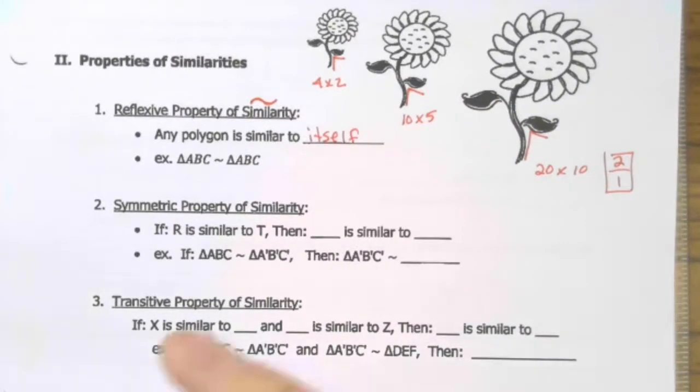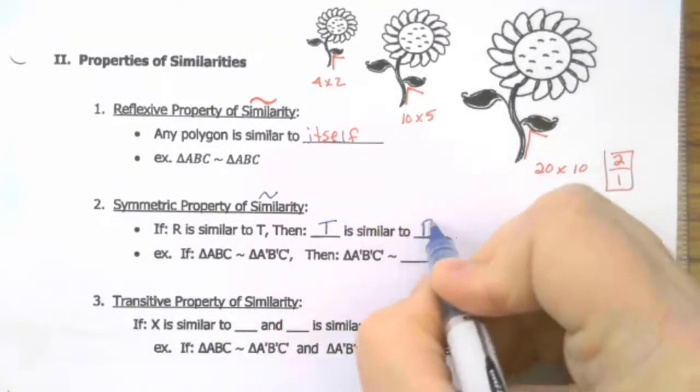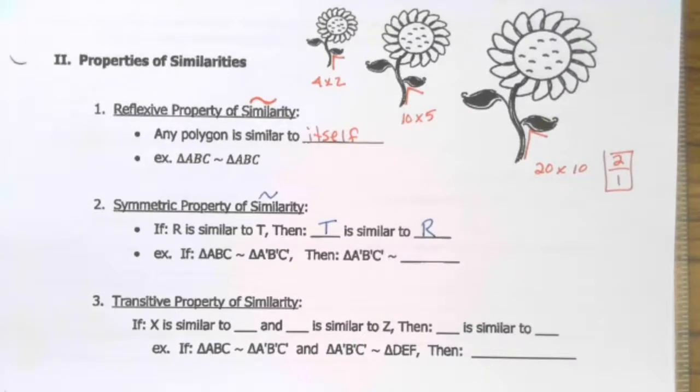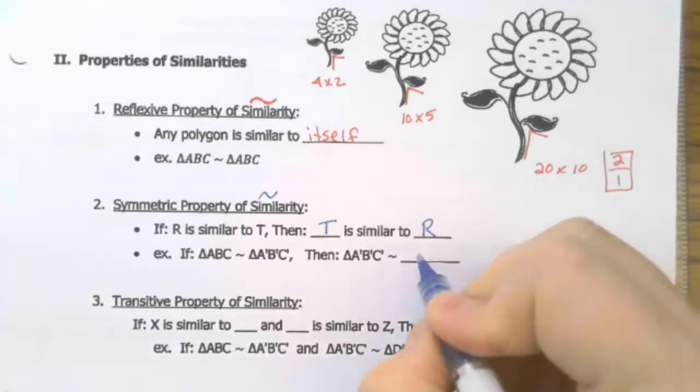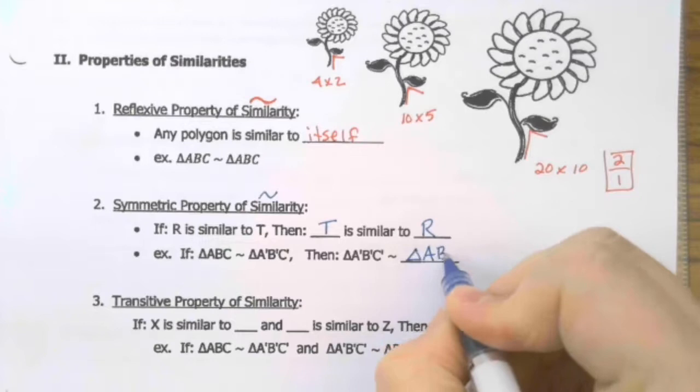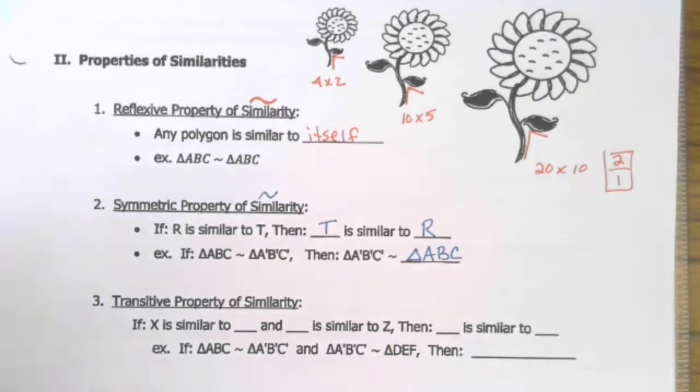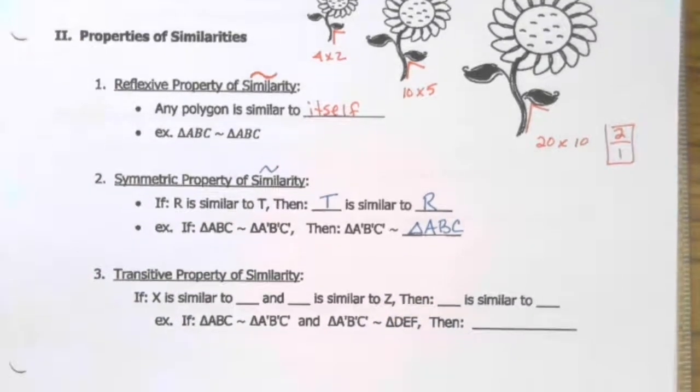Symmetric property of similarity says if R is similar to T, then T is similar to R. Again, pretty logical. So if triangle ABC is similar to A prime, B prime, C prime, then A prime, B prime, C prime is similar to triangle ABC. So both of these are just like equalities.